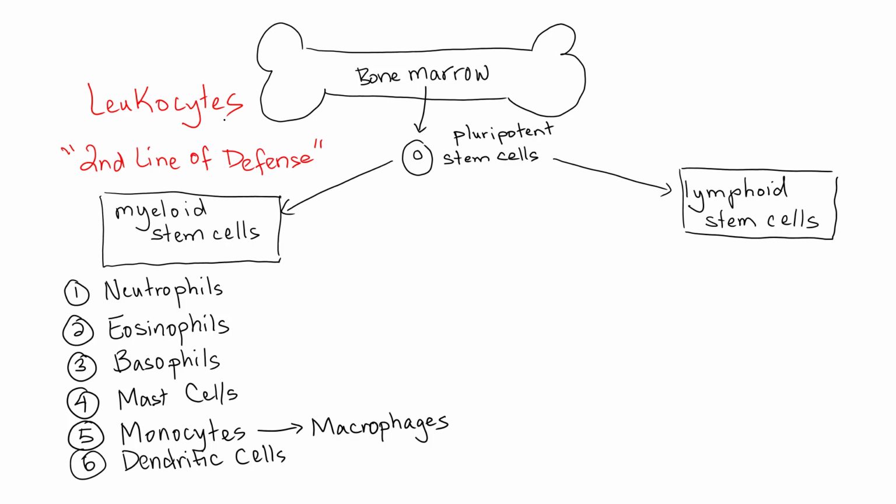Do you remember if second line of defense is a component of innate or nonspecific immunity, or is it the adaptive/specific immunity response? That's right, it's nonspecific or innate immunity.